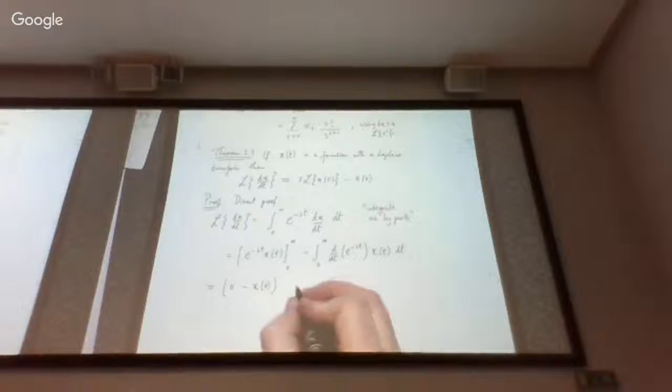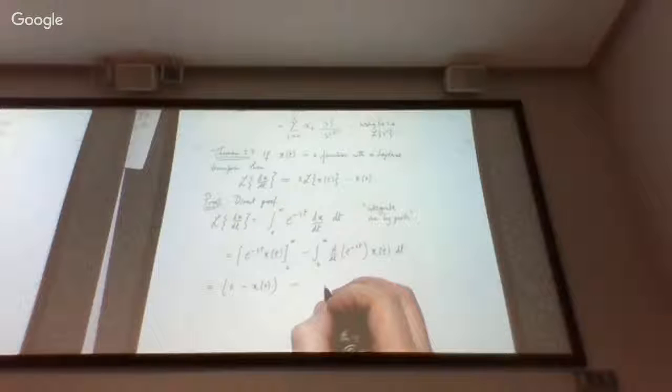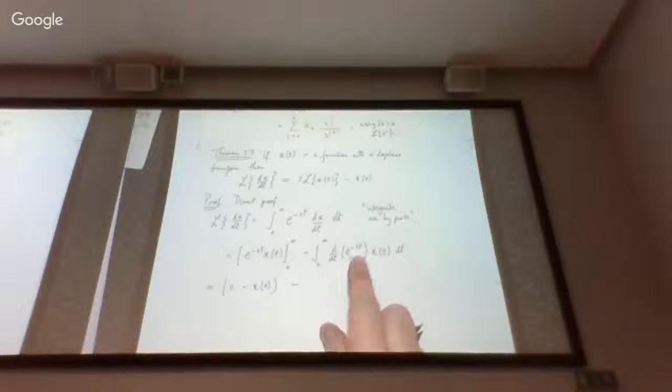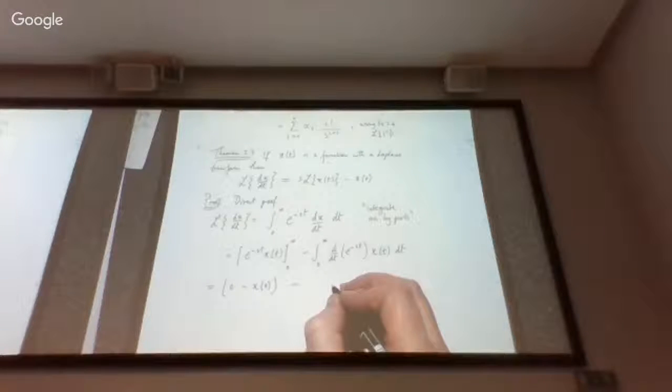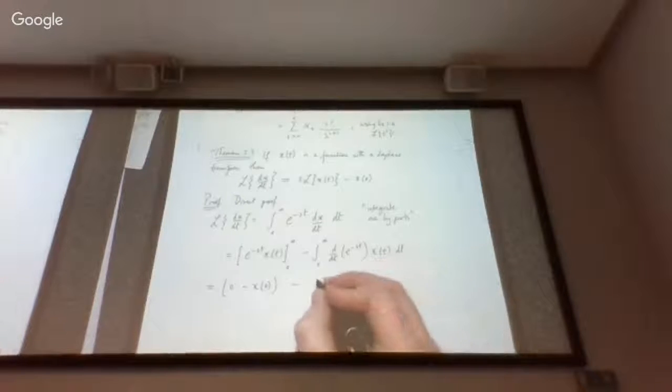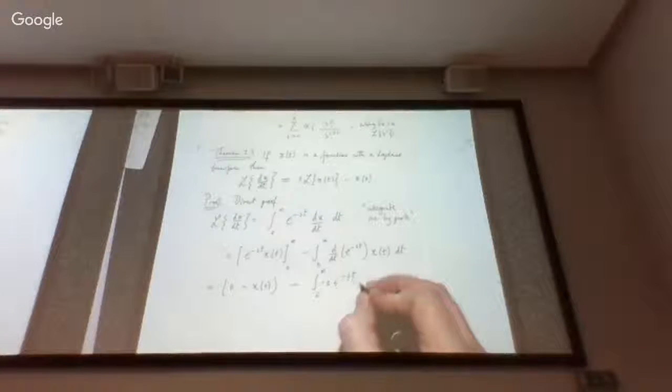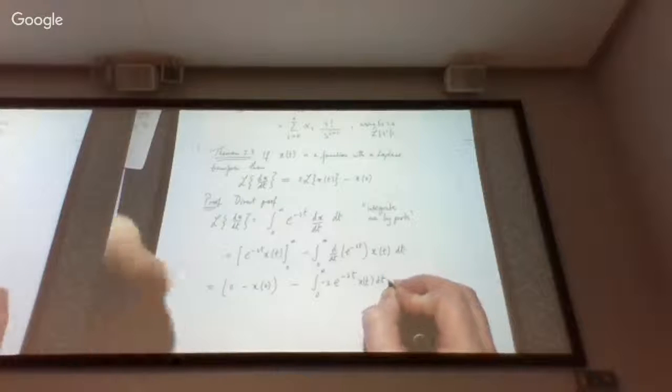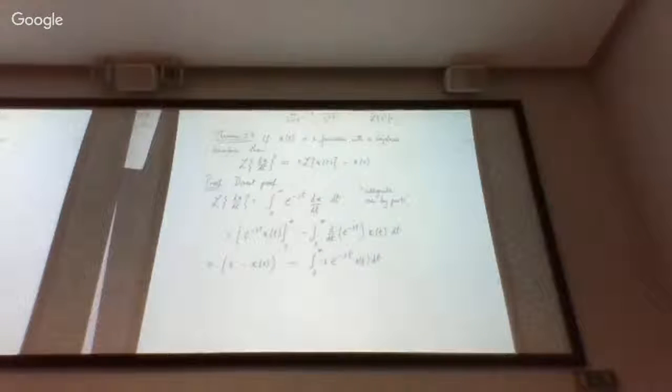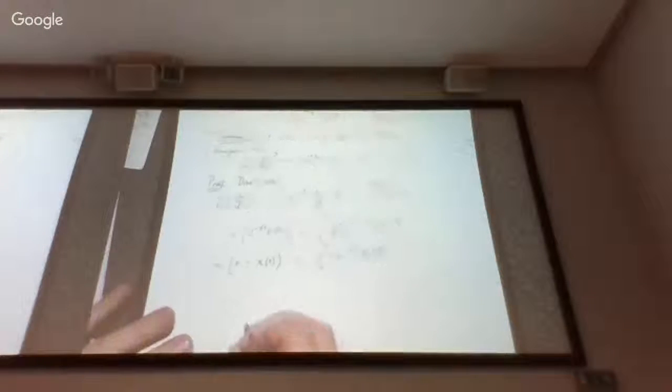And what do we have here? Well, here we have minus, well, we have to differentiate e to the minus st. Differentiating the exponential, e to the minus st, with respect to t, you get minus s times e to the minus st. So you can see how this is going to tidy up.